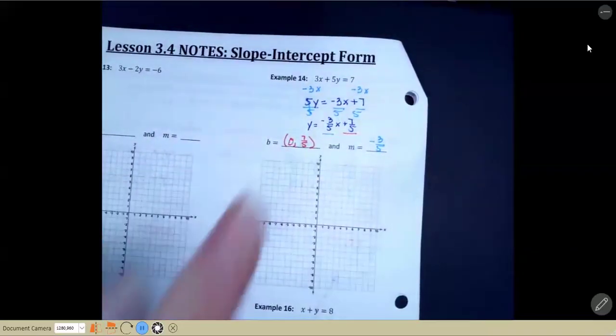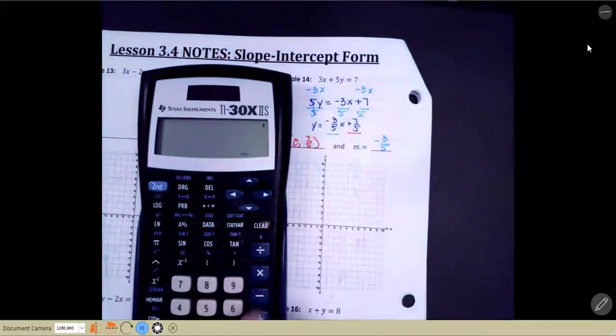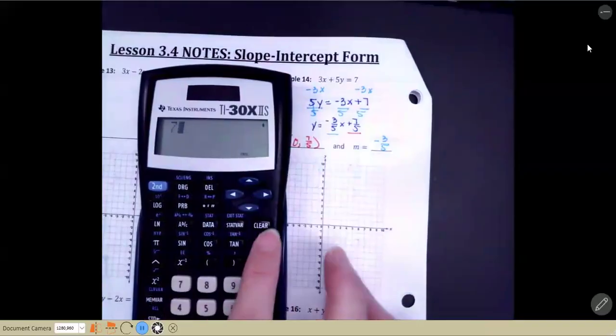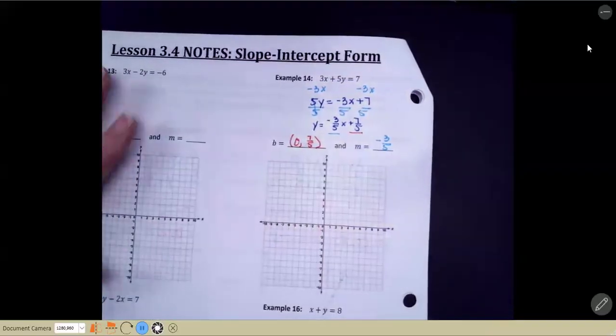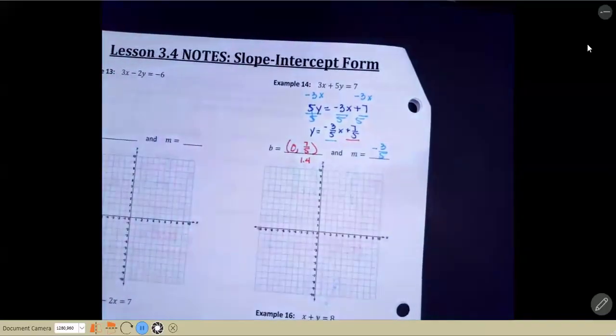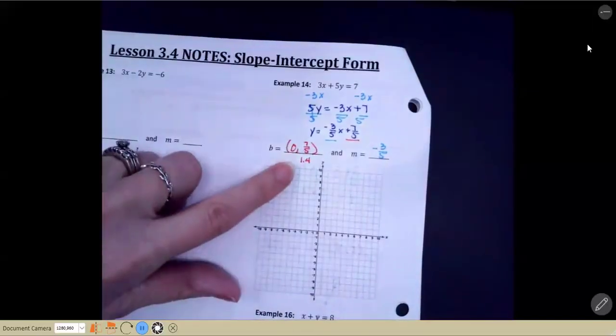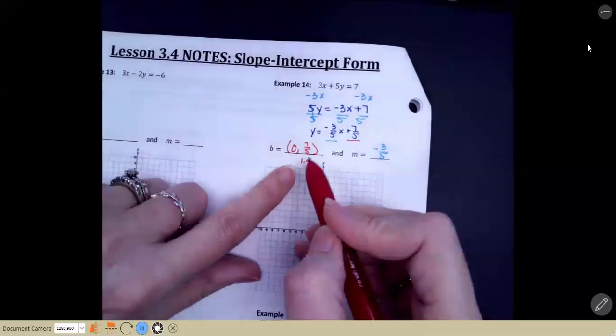What I would suggest you doing is just using your calculator and taking 7 divided by 5, and you get 1.4. So I'm just going to write this below it. Now, when you write your ordered pair, I want it as a fraction. But in order to graph, you need to know what two numbers you have to plot the point between. I think of it as this.